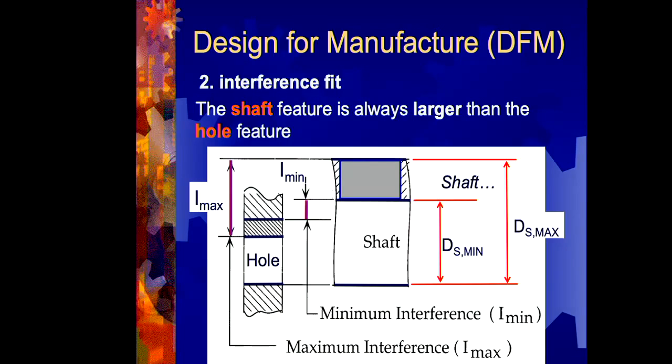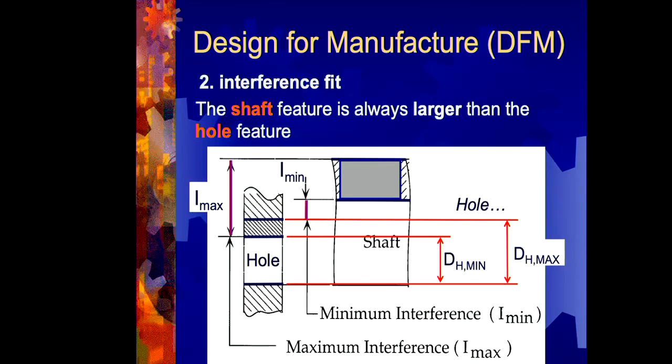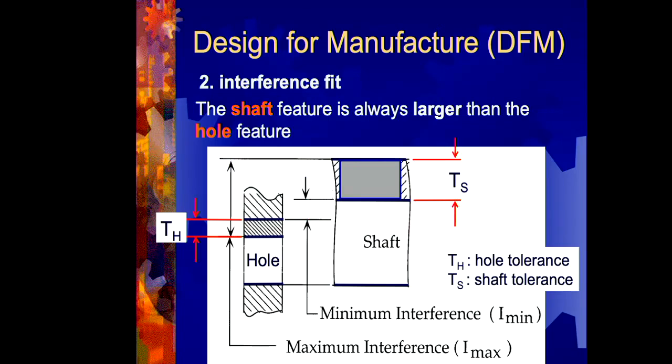We don't really care much about the smallest hole and the smallest shaft. Biggest, smallest, smallest, biggest is what we're always after. With an associated minimum and maximum for the hole, minimum and maximum for the shaft. And tolerance. Now these T, tolerance numbers, they come from tables.